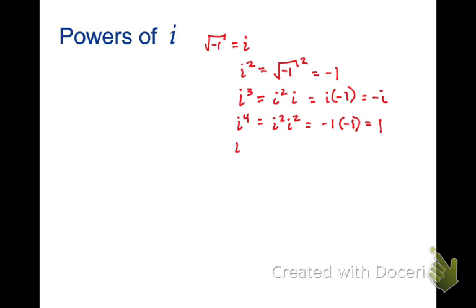Because if I go i to the 5th, that's just i to the 4th times i, which would be 1 times i, which would just be i. So it's going to keep revolving.